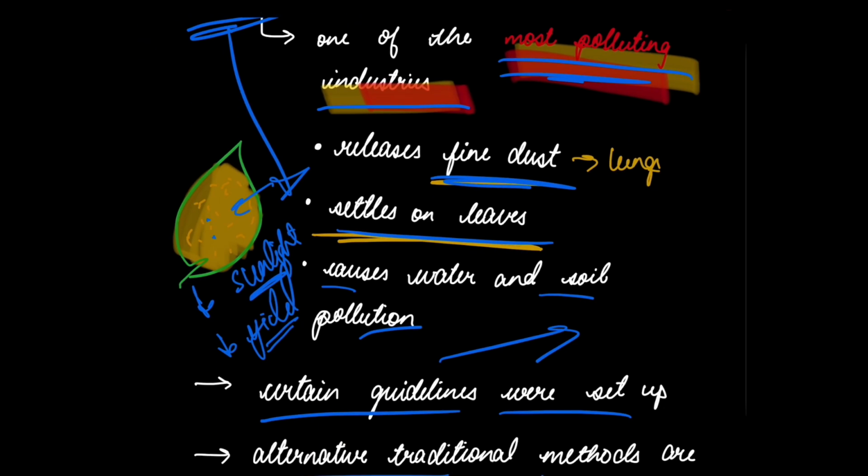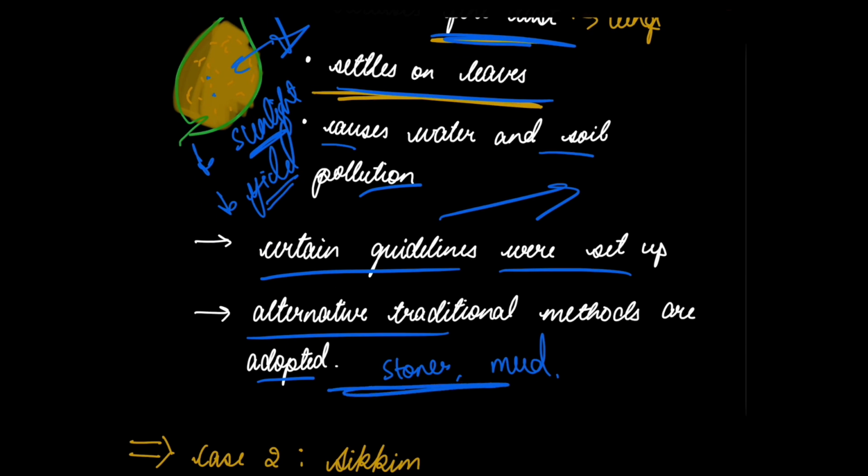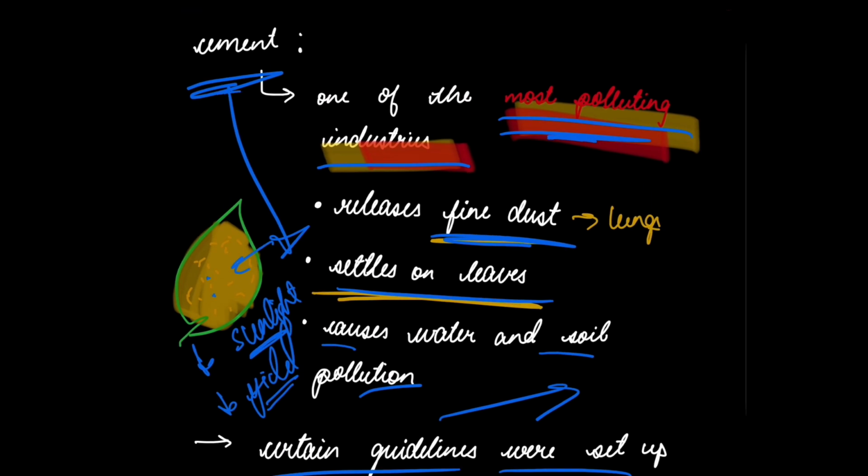So this is the second thing, that we have to be mindful when we are using things. If cement is a major pollutant, we have to find alternatives or preventive measures to reduce its impact on us, and also see that future generations are not impacted. So this is what we can learn from this example.